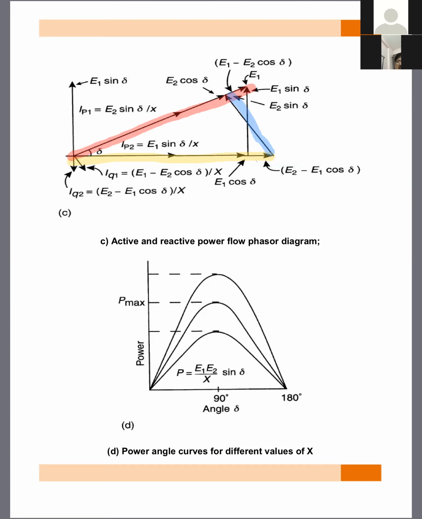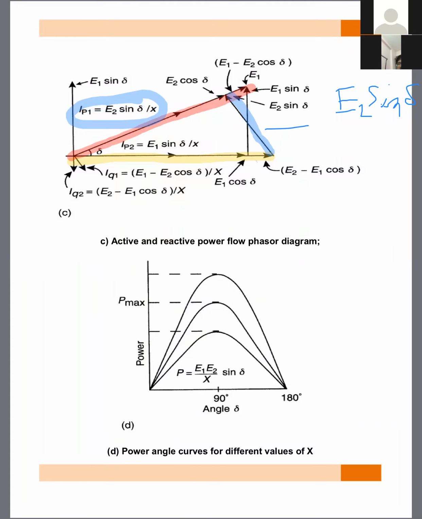So E2 sin delta divided by X, or Jx, gives rise to the phase current. This blue one is equal to E2 sin delta, because we are just resolving, and the angular difference is delta.